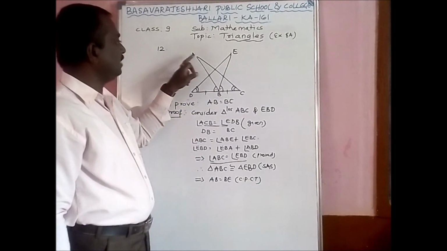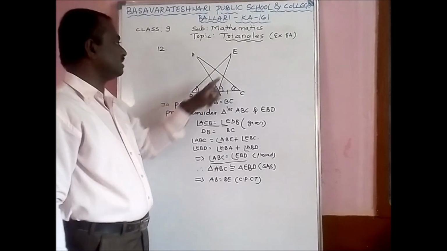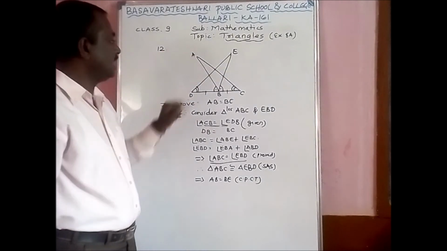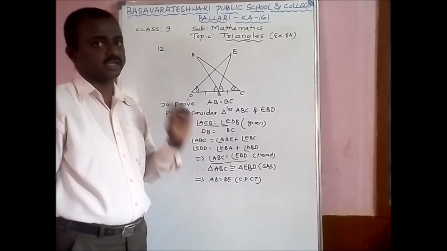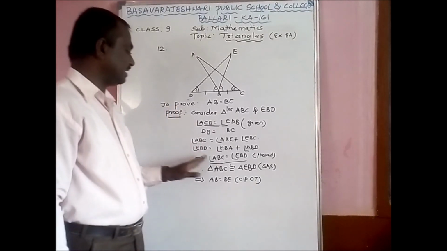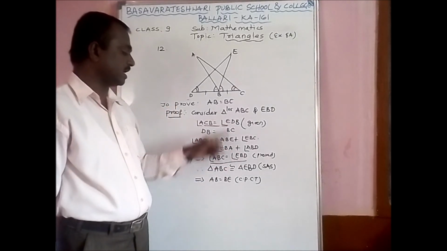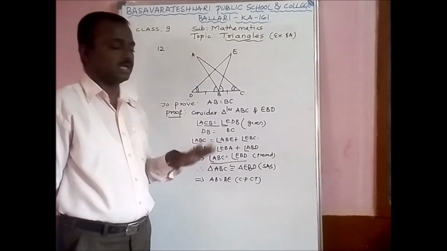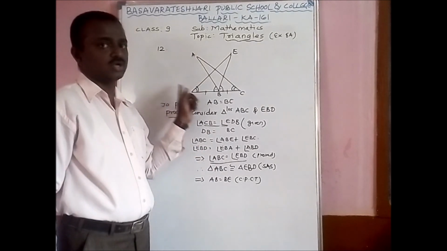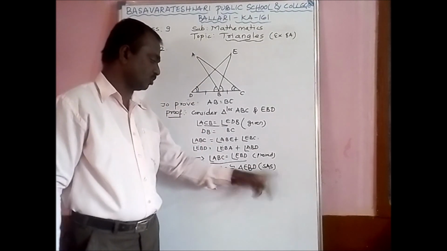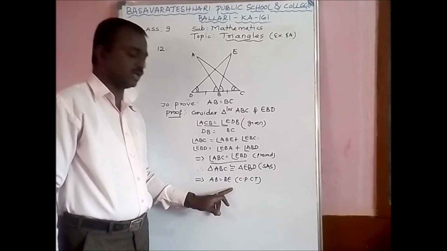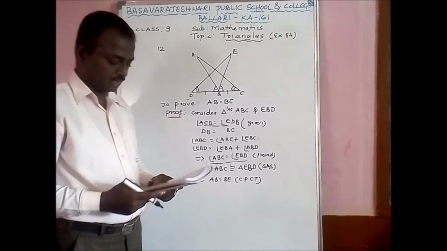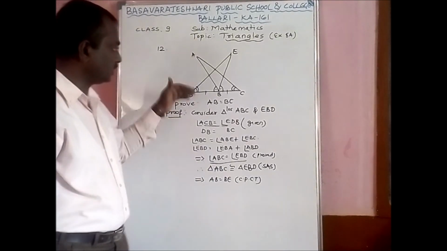Similarly, angle EBD also contains two angles: angle EBA one angle and angle ABD another angle. If the RHS are equal, then the LHS are equal. So I got two angles and one included side. Therefore, by the ASA property, we can say that these two triangles are congruent. Therefore, AB is equal to BE. So note down this sum.